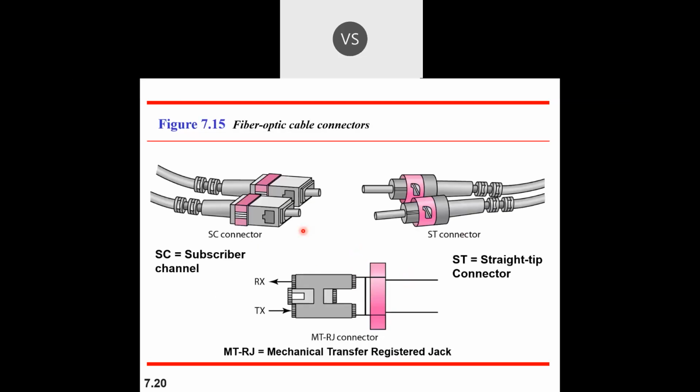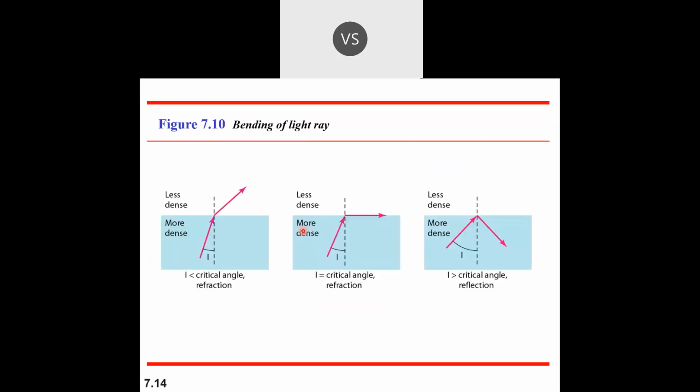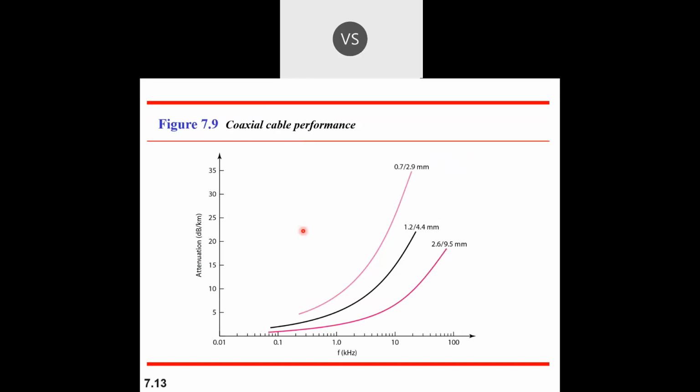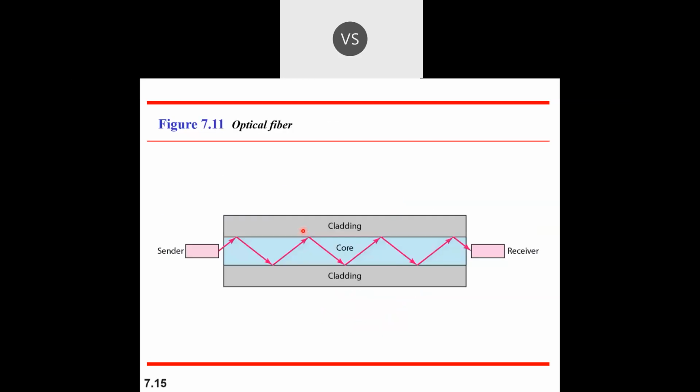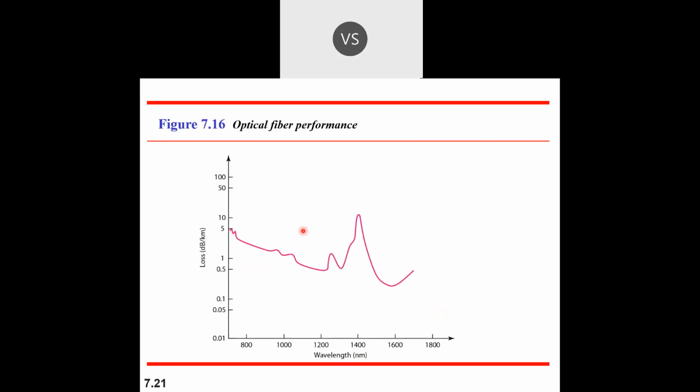Whenever you see the attenuation loss, it is in dB per kilometer, which starts from 5 dB and goes up to 35 dB per kilometer. But when you see the loss of the optical fiber, it is very low. You can say it goes maximum up to 10 dB. Minimum you are having a loss of 0.25 dB per kilometer. So these are the loss profile we have.